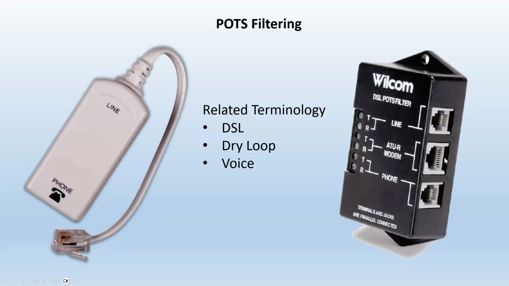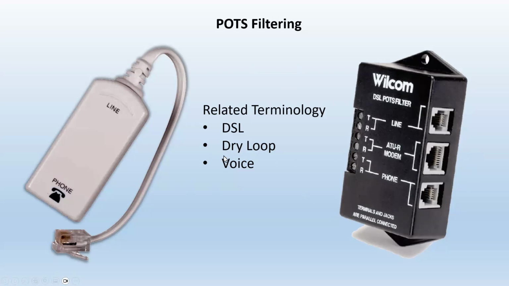So this is where you connect the modem, and this is where you connect all the phones in the rest of the house. You can have that one main filter at the demarcation point, which is the point of entry, or you can have these installed at every single jack where there's a phone. Right?